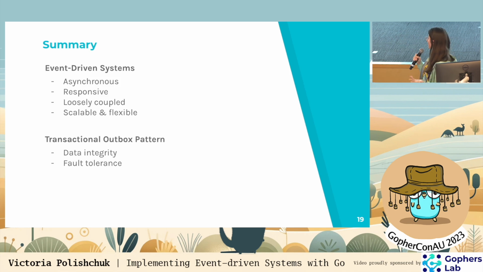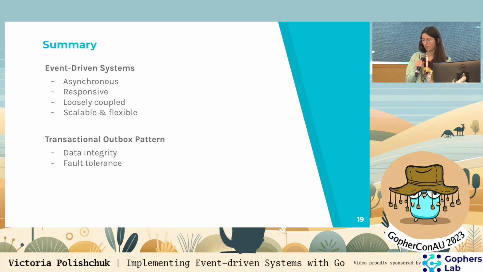So let's summarize. We talked about event-driven systems, that they use an asynchronous way of communication. We learned that we can leverage asynchronous communication to make important parts of the system more responsive, to have our users get faster responses, improving their experience that way.